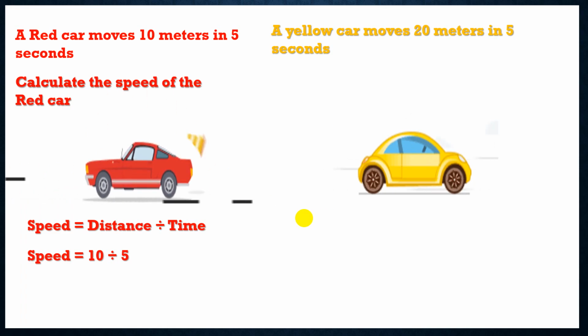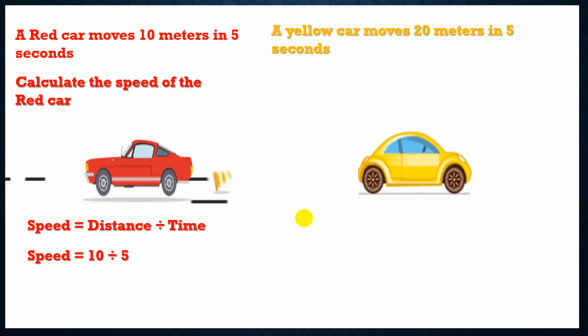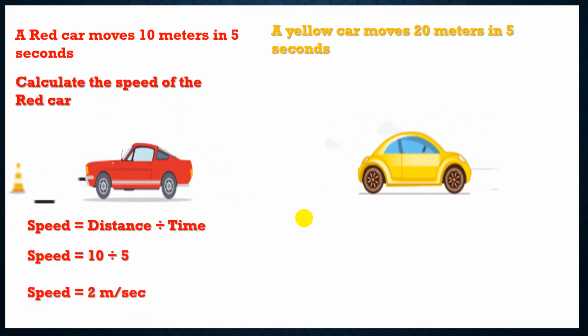Second is a time unit, so 5 is the time. So I can write speed equals 10 meters divided by 5 seconds. And this means the speed of this car is 2 meters per second.